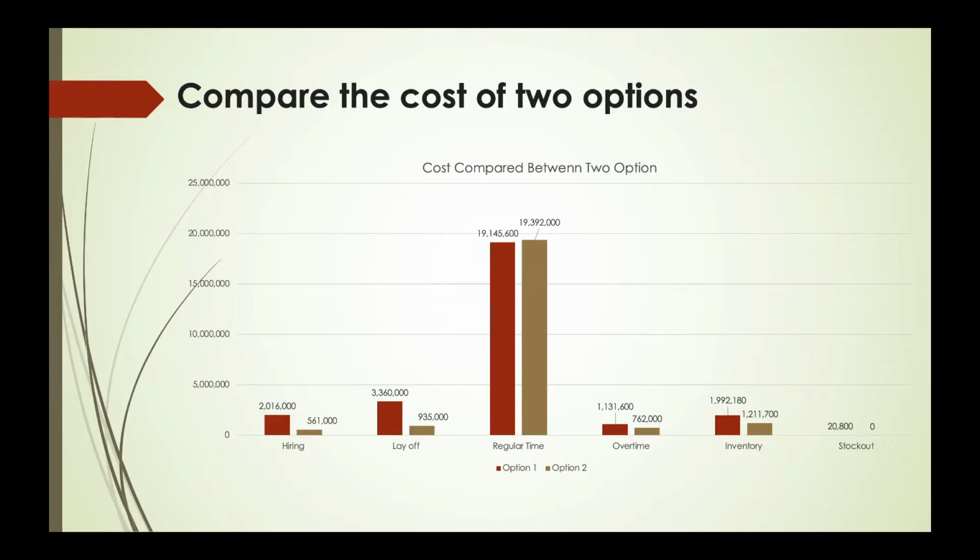In addition, the cost in regular time of option 1 is lower than option 2. The cost in overtime is higher. When those two costs are added up, the total cost of manufacturing in two factories is higher than using a single factory. Therefore, establishing a single factory is conducive to the long-term development of the company.